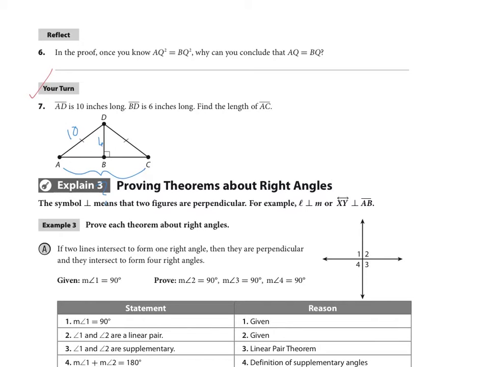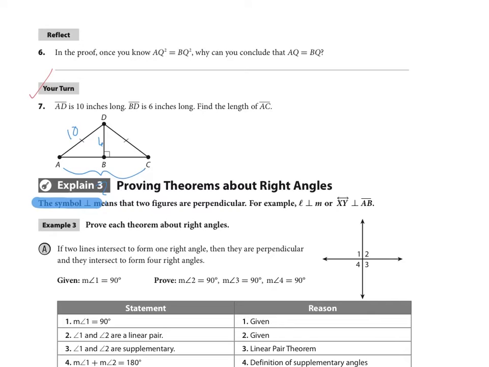Okay, the last part of our video here is Explain 3, and I did just want to highlight with you guys, we have a new symbol coming into play here. Our symbol is the perpendicular symbol, and that is an upside down looking T, but if I have it used in the notation, it means that two figures are perpendicular.